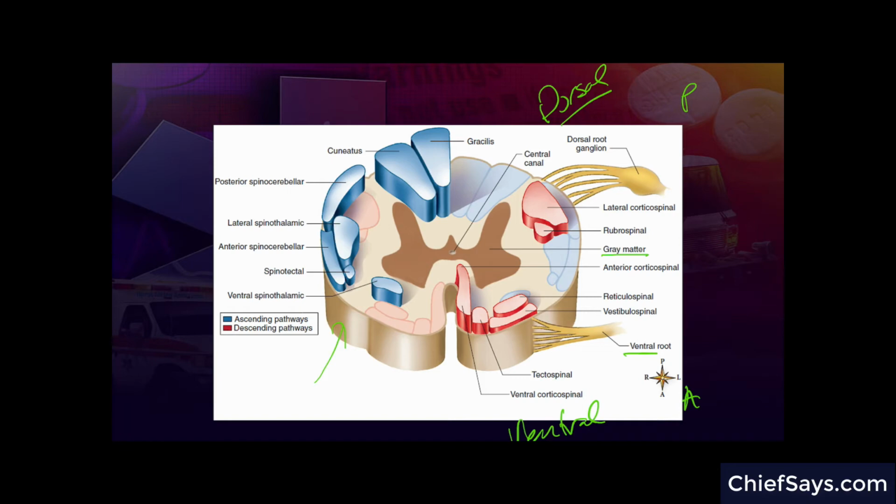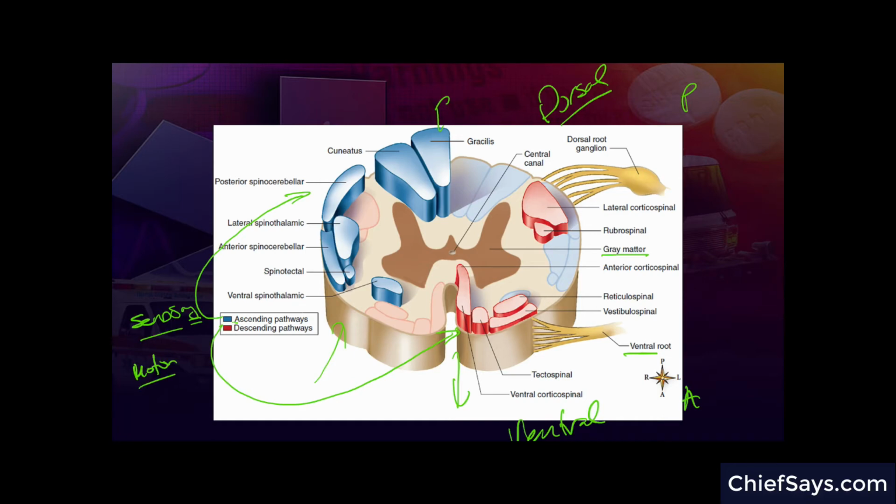Now the colors here show that we have blue highlighting ascending pathways and red highlighting descending pathways. So the ascending and descending pathways describe which way the neural impulse is going to travel. If we have an ascending pathway, that's moving up towards the brain, and ascending is usually sensory because it's traveling to the brain. Motor is traveling down away from the brain; descending pathways are traveling down away from the brain, and they are motor pathways.